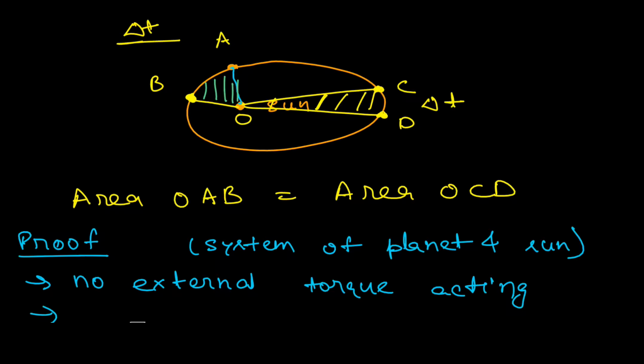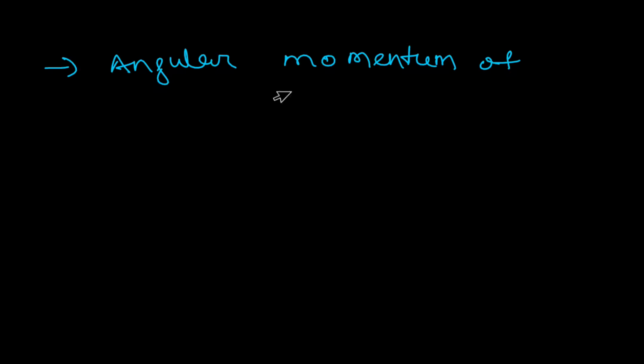Due to this, the angular momentum of the planet is conserved. Since the system of planet and Sun is isolated and no external force is acting, no external torque is acting on the system of planet and Sun. That's why the angular momentum of the planet is conserved.